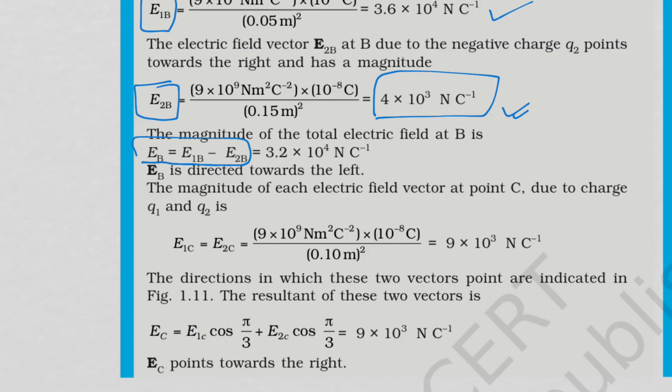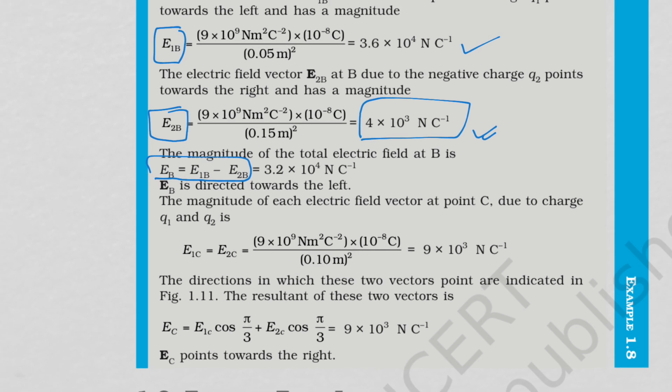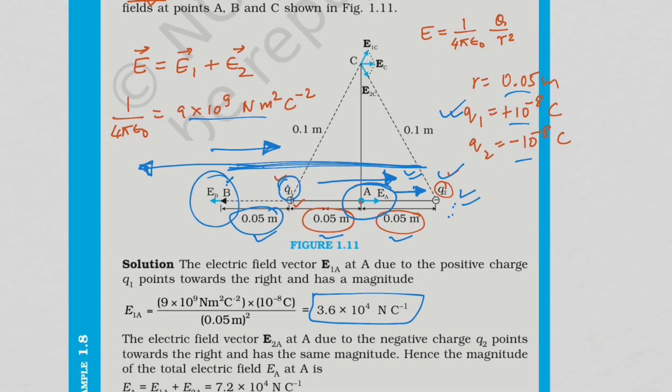When you subtract, you get this value. Since this is a positive value, it is directed towards the left. Why? Because Q1 is the prominent charge, so overall the electric field is towards the left.